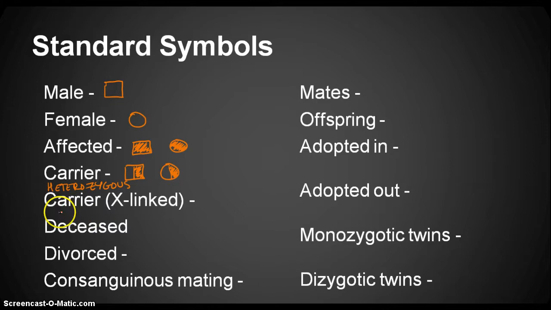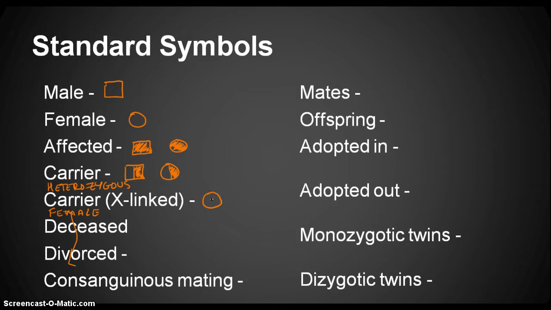However, a female is the only individual who can be a carrier for an X-linked gene, because if a male has an X chromosome, the Y chromosome probably doesn't have that gene, so he is unable to be a carrier.